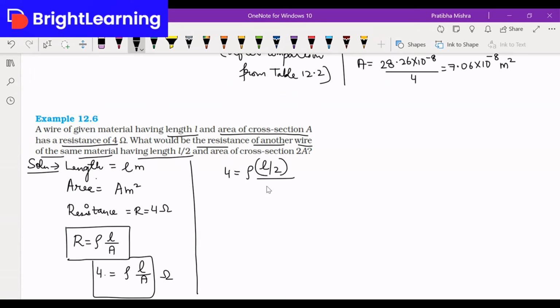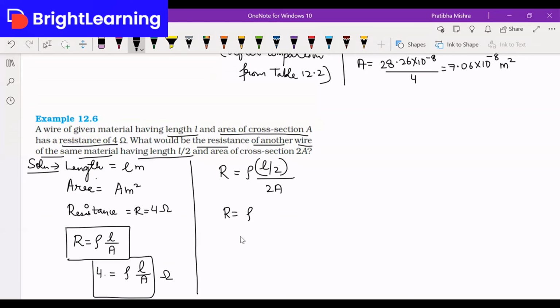Instead of A, you will put 2A. So they are asking, what would be the resistance? You just have to find the resistance. So now let R be the resistance. Let it not be 4 because you're changing the things. So you will now have to find R.